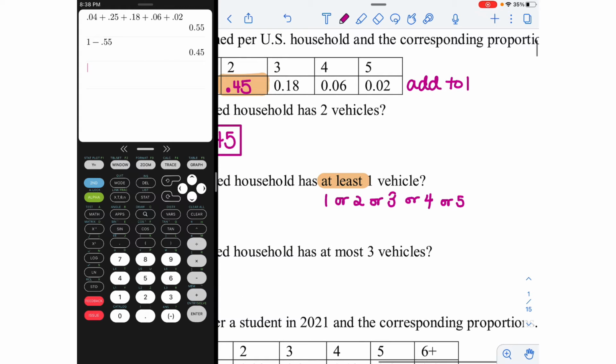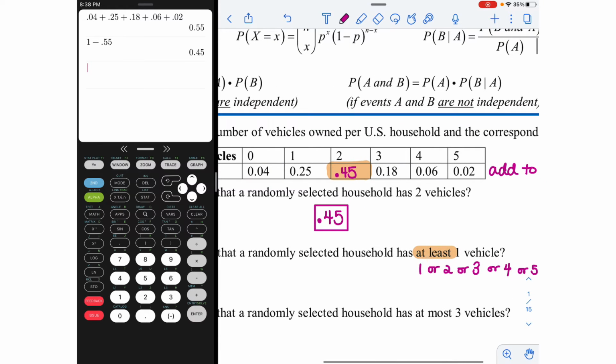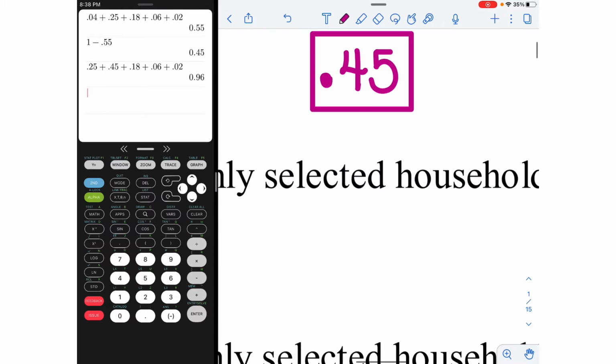So basically, I want to add up the probability of each of these. I'm putting a box around these probabilities. 0.25, look at my calc, plus 0.45, plus 0.18, 0.06, 0.02, and the answer is 0.96. That's how I would do the problem.